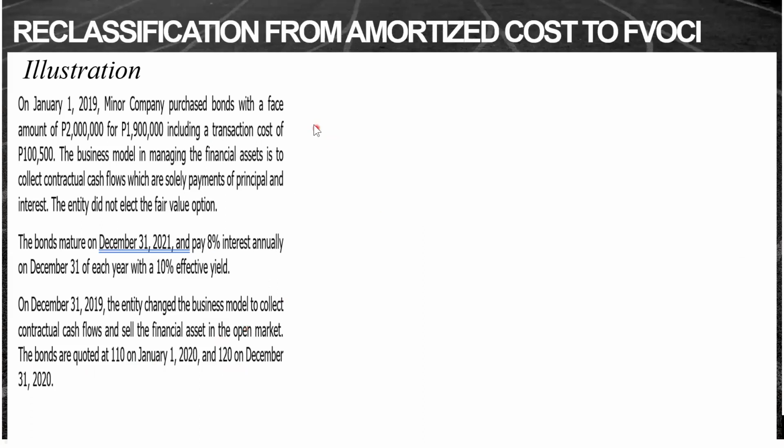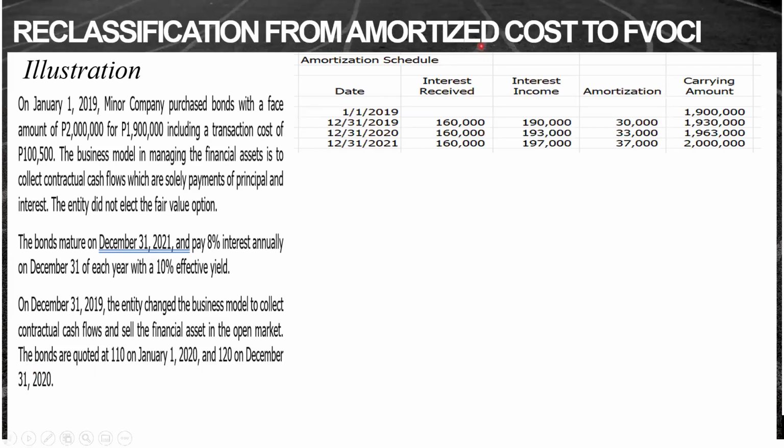Okay, so paano ba natin re-record yung mga transactions related to this investment? So we have here first, no, kasi nga ito ay amortized cost man. So of course, it's expected that you'll have amortization of your bond discount.